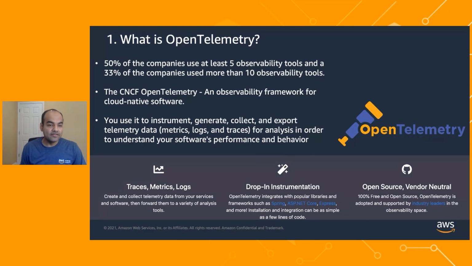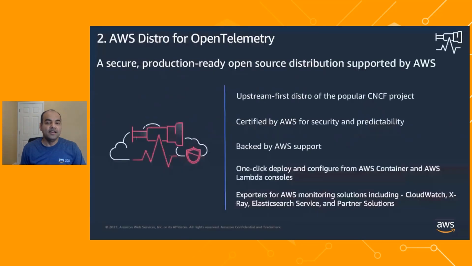You can have standardization in collecting traces, metrics, and logs. It is also vendor neutral. You can collect it in a standardized way and you can ship it to the destination of your choice, whether it's Amazon Elasticsearch Service or Prometheus, a self-managed Prometheus, or Amazon Managed Prometheus.